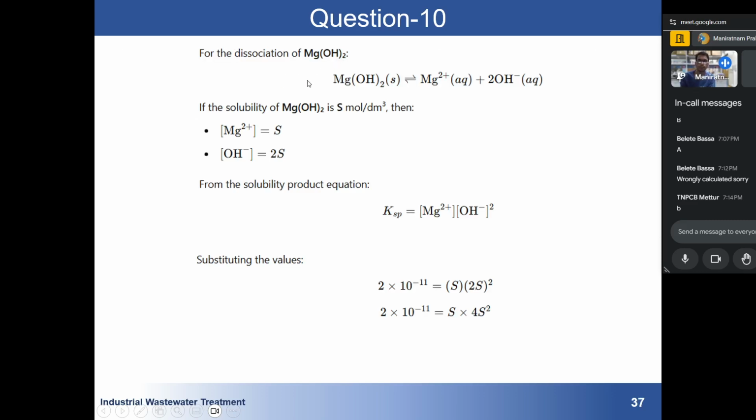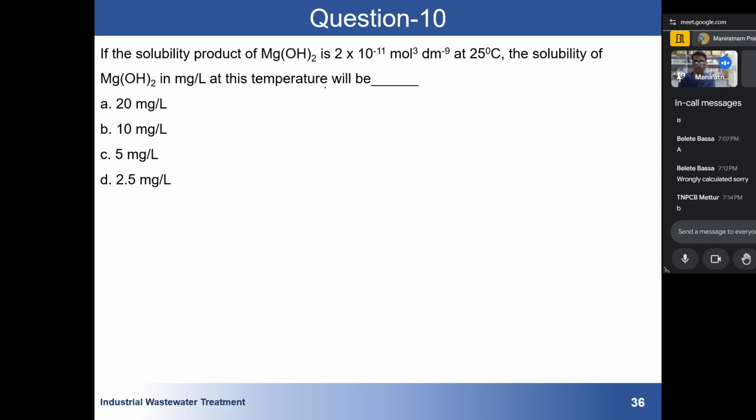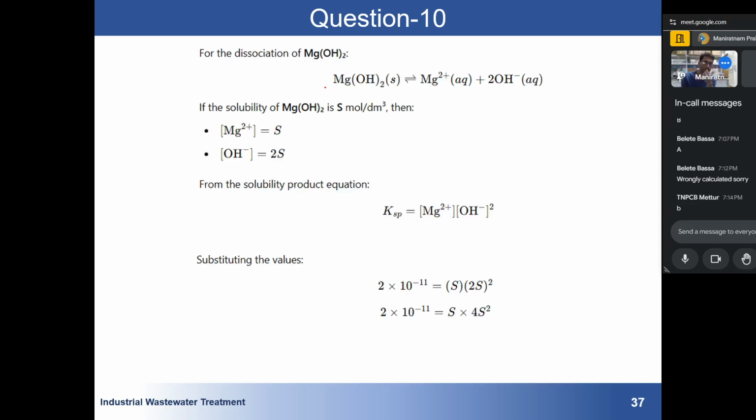Remember, initially I made one point: the amount of calcium added depends upon the solubility. Now we want to precipitate this thing.